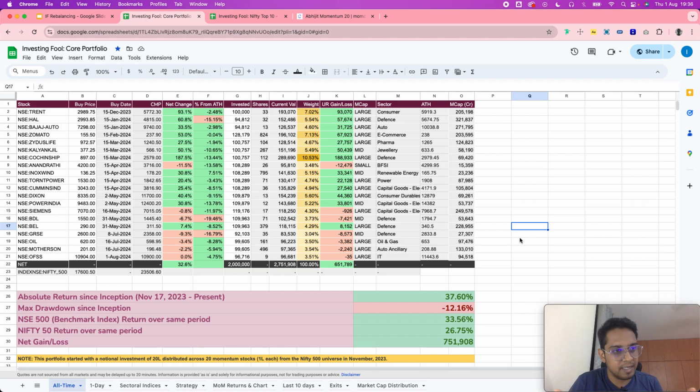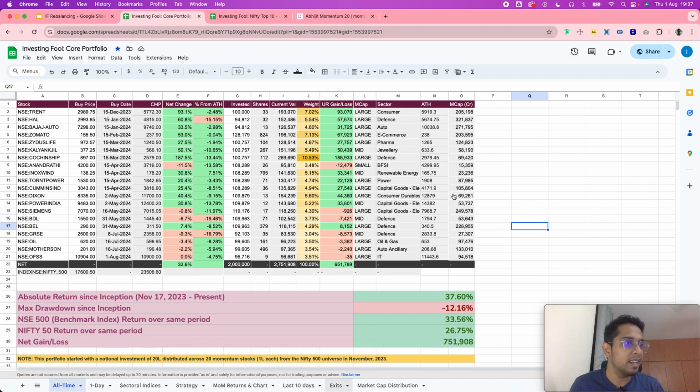Either we can take some extra capital of that 2 lakhs and distribute it equally amongst the remaining stocks as well, or we can add another stock. That means from a 20 stock portfolio we can make it a 21 stock portfolio, and instead of adding one stock in place of Cochin Shipyard, we can add 2 more stocks. So that is another, anyway, digression from our discussion.